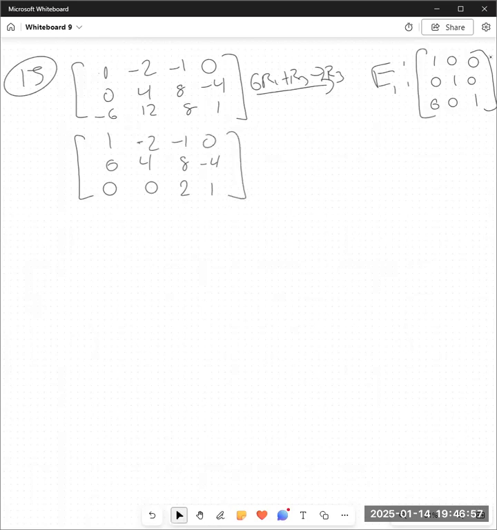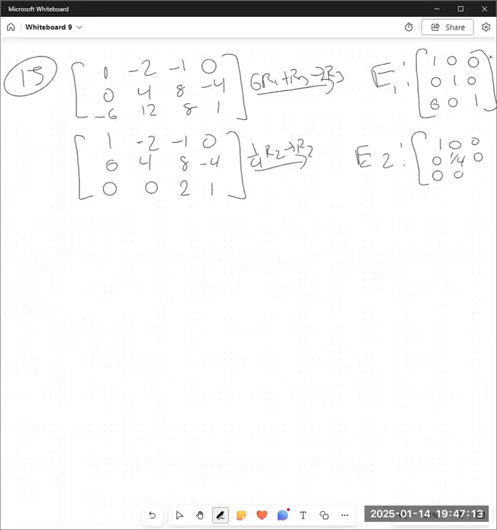Now I want to get a 1 in this position, so I need to take 1/4 of row 2 to produce a new row 2. So my E2 is going to be 1/4 of row 2, like so. And that's going to produce 0, 1, 2, -1.